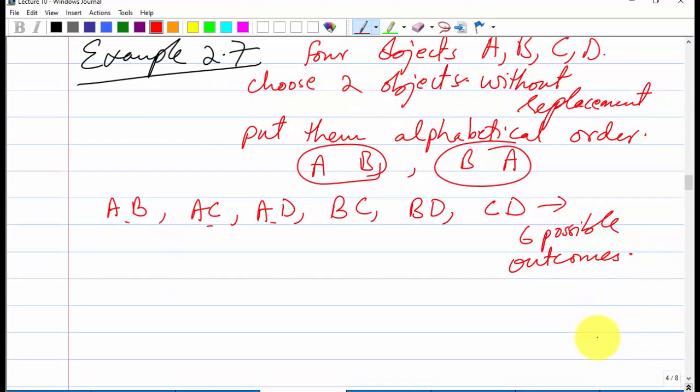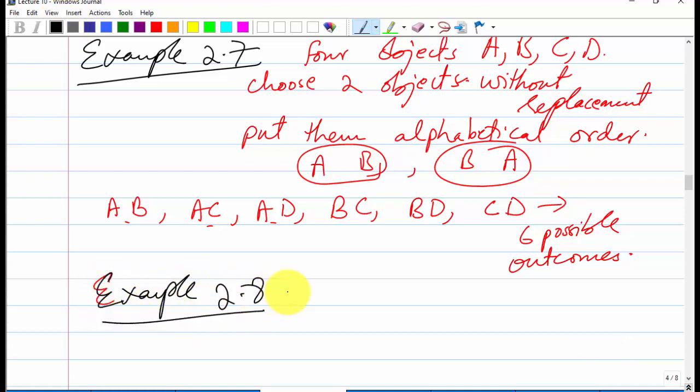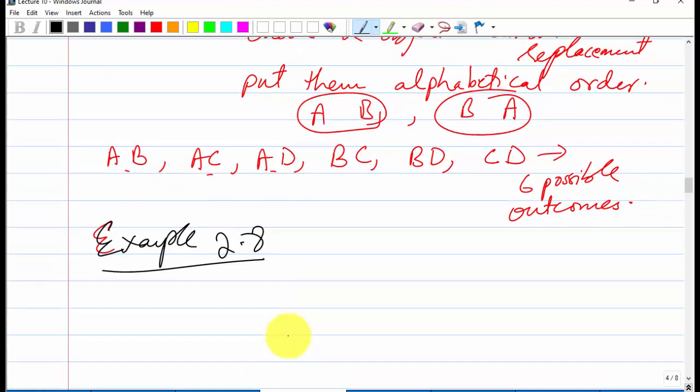Similarly, the next example, example 2.8, says what will happen if we put them in order. In that case, AB will not be equal to BA. These two will be different if we put them in order, not in alphabetical order. Order means order of sampling.